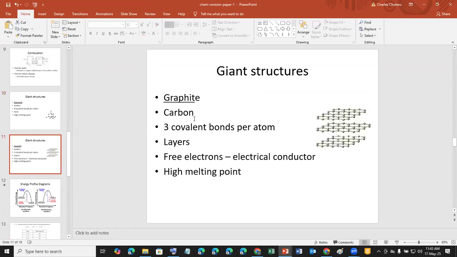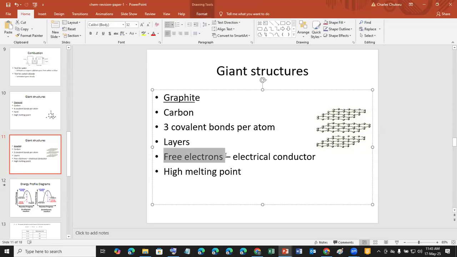Whereas for graphite, 3 covalent bonds per atom. So that means 1 electron is free to move. The 4th one, which should have formed the 4th covalent bond, will be free to move. So that's why it has free electrons, just like metals, that can conduct electricity.